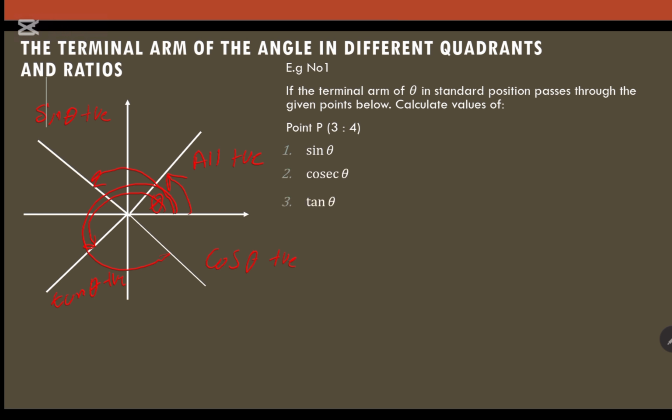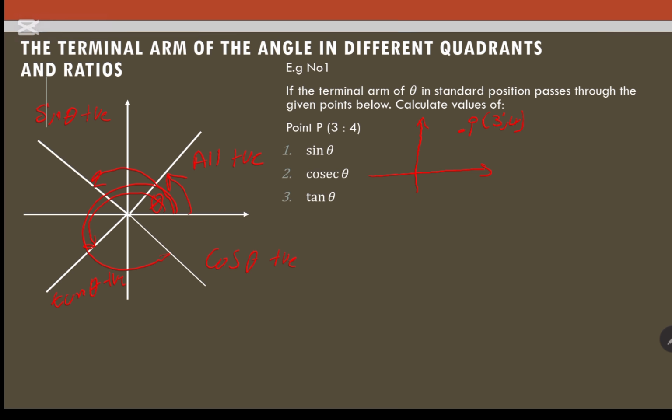The question says, if the terminal arm of theta in standard position passes through the given points below, calculate the values of, so the point that is given there is (3, 4). So let me put that angle in standard position. So this point is in the first quadrant, (3, 4).